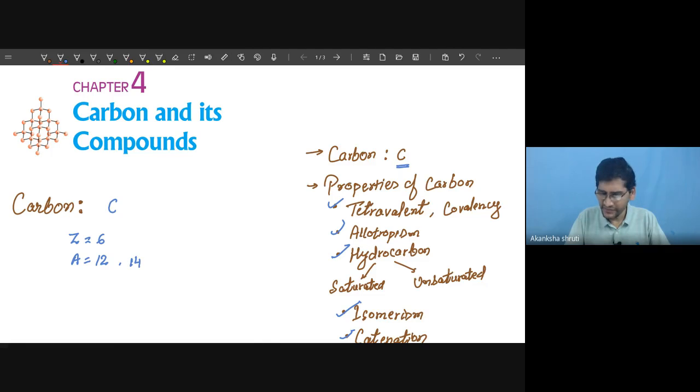That is called isotopes. But most of the carbon existing in nature is in the form of atomic number 6 and mass number 12.